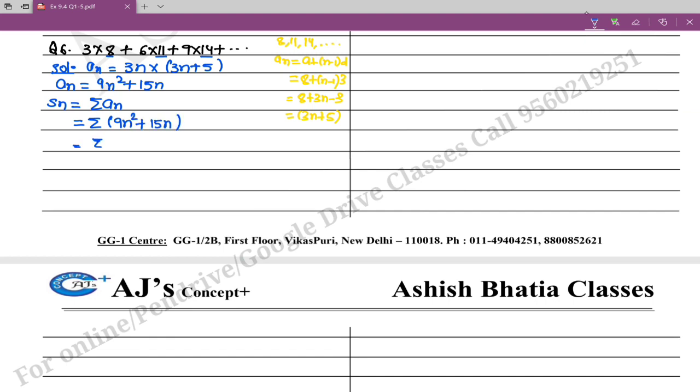Which will be 9 summation of n square plus 15 summation of n. We have discussed in the last video that the constant comes out of the summation, only the variable part remains. Fine. Now we have discussed the formulas for summation n square, summation n cube and summation 1 in the last video.